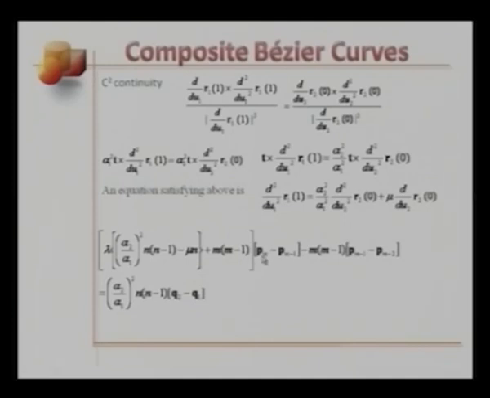The coefficient of P_m minus P_{m-1} is lambda times (alpha 2 over alpha 1) the whole square times (n minus 1) minus mu times n. Lambda multiplies this entire term here, plus m times (m minus 1). The coefficient of P_{m-1} minus P_{m-2} is minus m times (m minus 1). And the coefficient for Q2 minus Q1 is (alpha 2 over alpha 1) the whole square times (n minus 1).